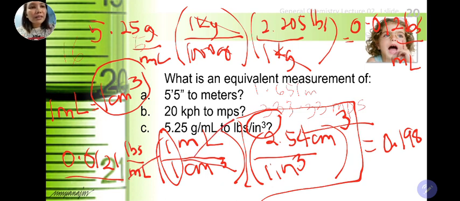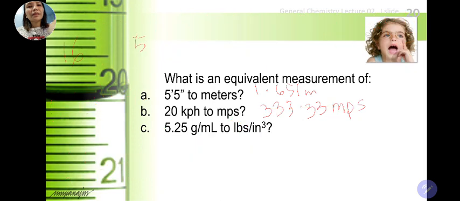ML mawawala. This will be pounds per inch cubed. Okay? So, lagay natin dito 0.198 pounds per inch cube.